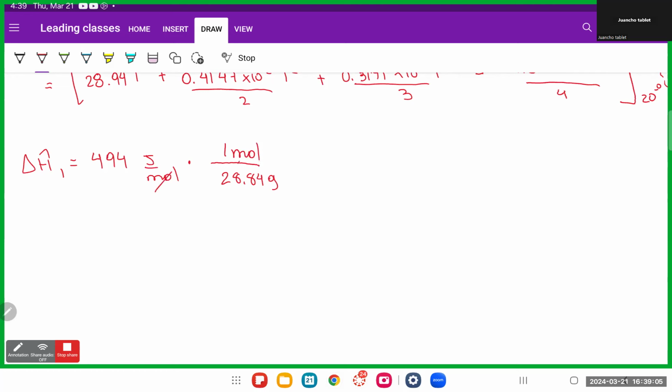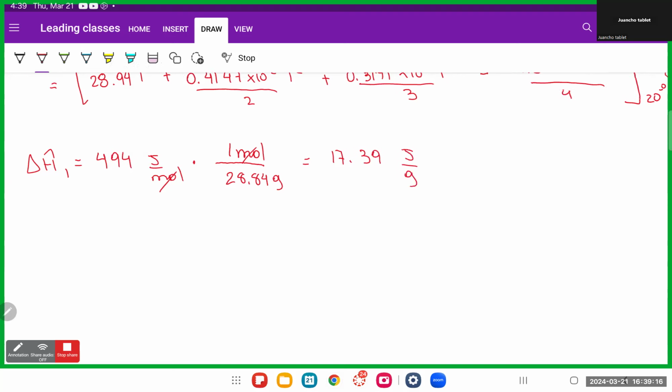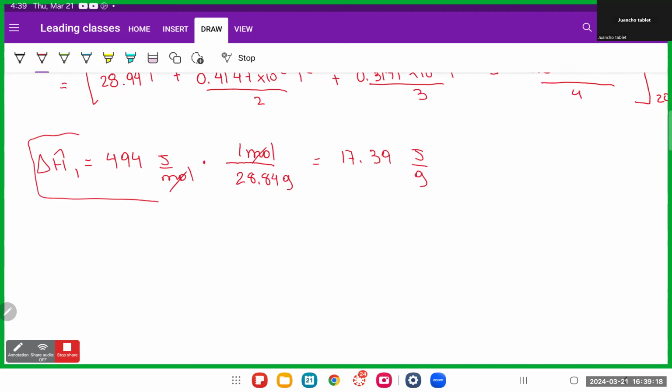So we can cancel that out, and we get 17.39 joules per gram. That's going to be our specific enthalpy. So this is the answer for question B. Okay? Yes.